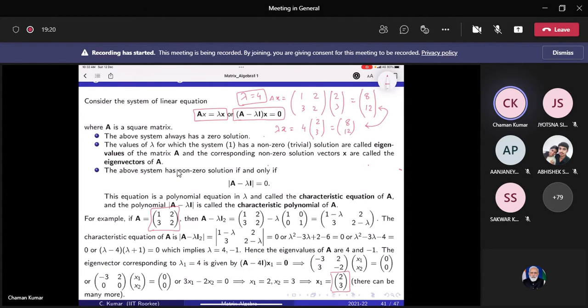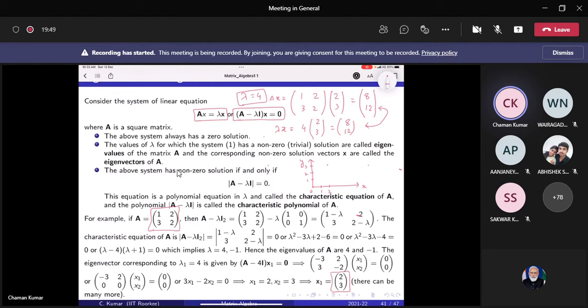Now let us look at the eigenvector in the xy plane. You have the x-axis and the y-axis here. The eigenvector is (2, 3). On the x-axis, this is 1, 2, this is 0, and on the y-axis you have 1, 2, 3.